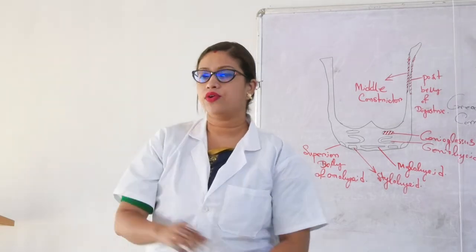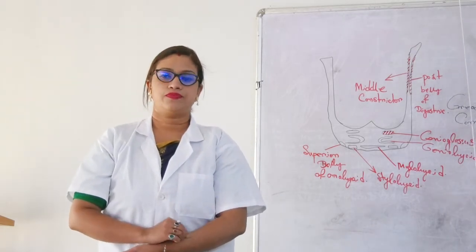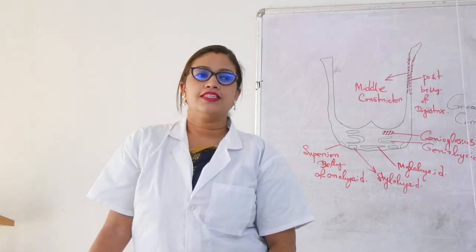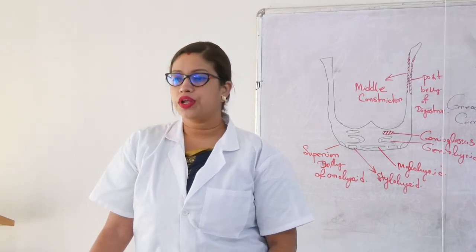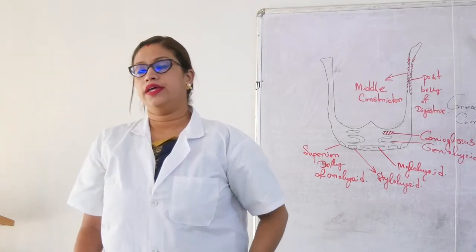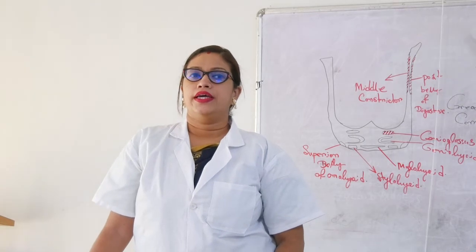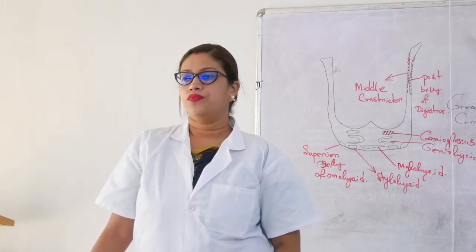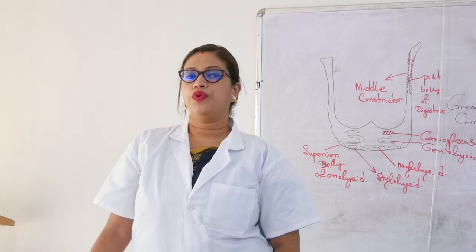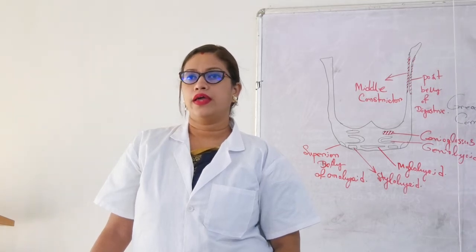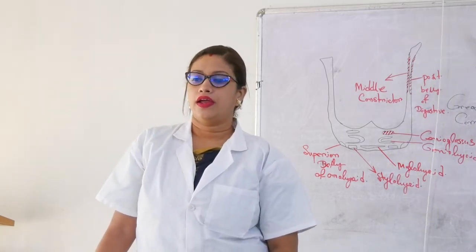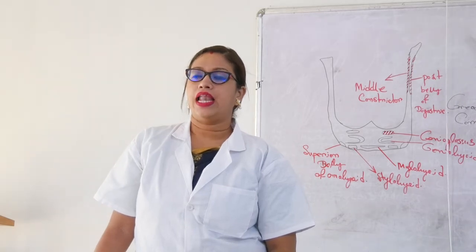So in case of thyroglossal cyst, during protrusion of the tongue, there would be one small swelling which goes upwards and downwards along with the thyroid gland.